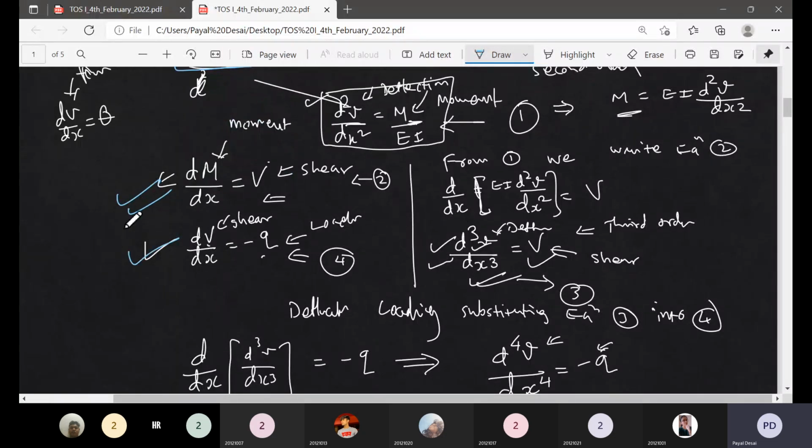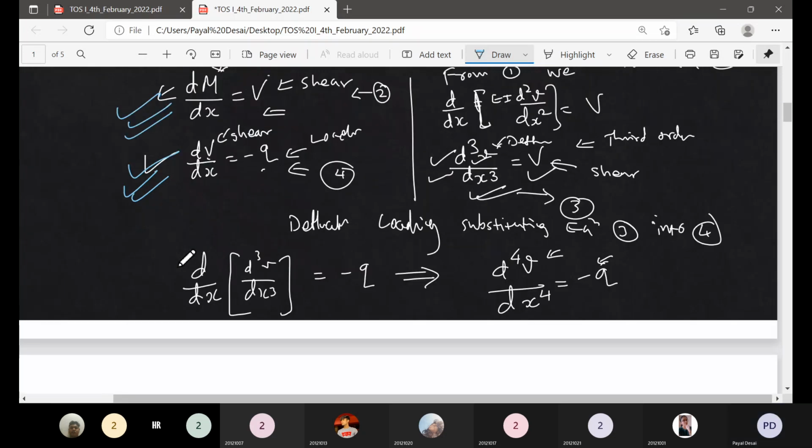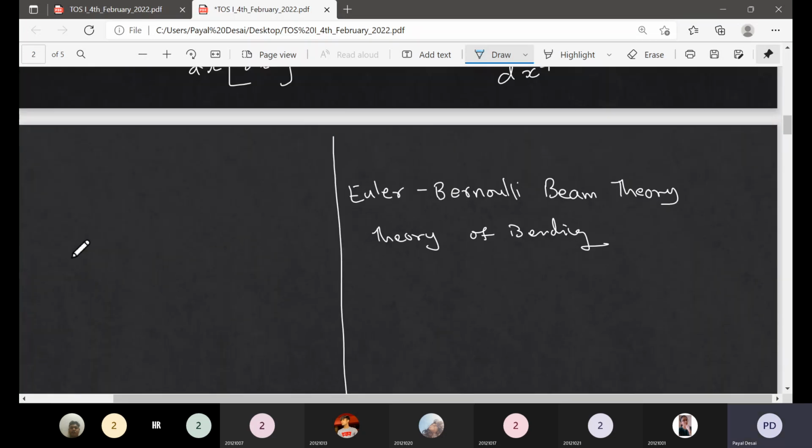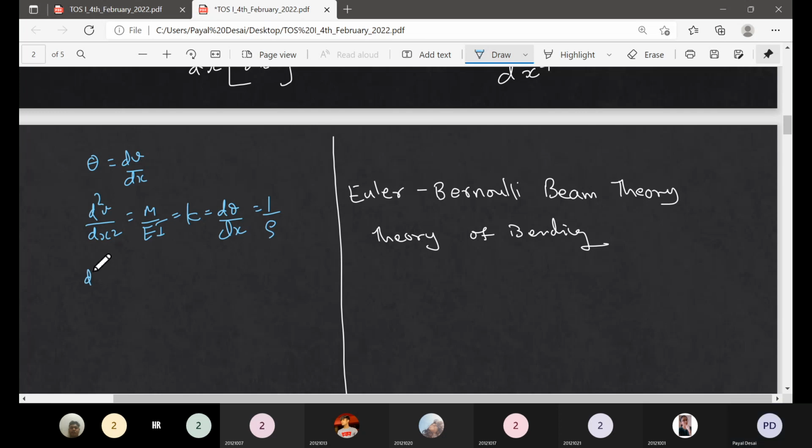This is also important. So in summary, I will write the formulas here. Theta is equal to dv by dx. Then d square v by dx square equal to M over EI, also kappa or d theta by dx is equal to 1 by rho. Then d cube v by dx cube equal to shear force.